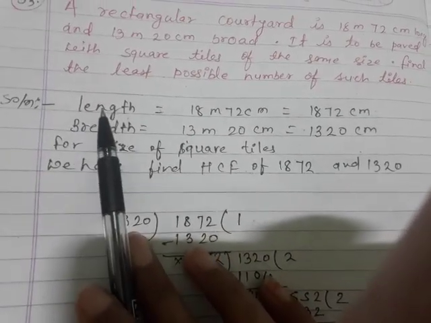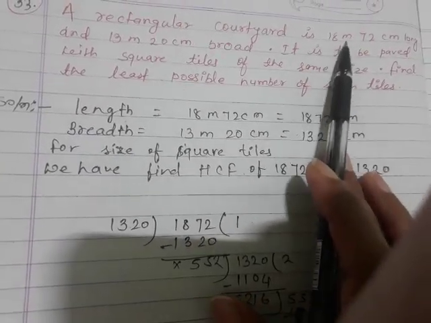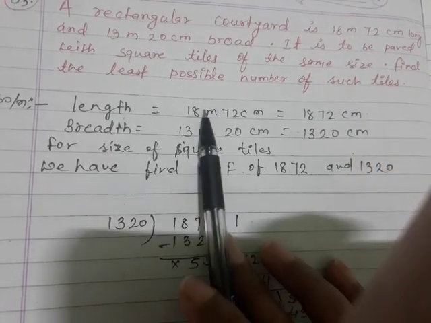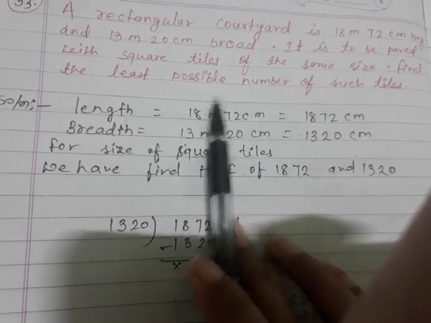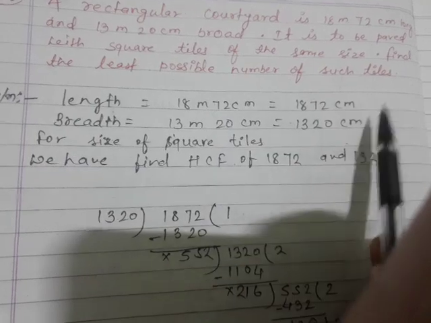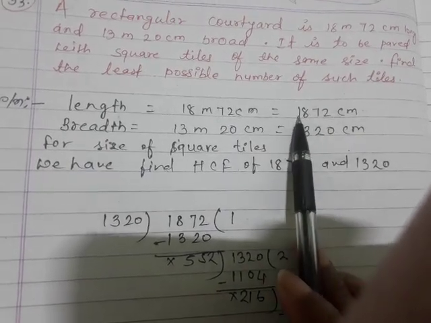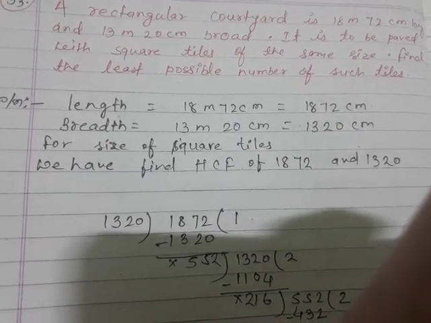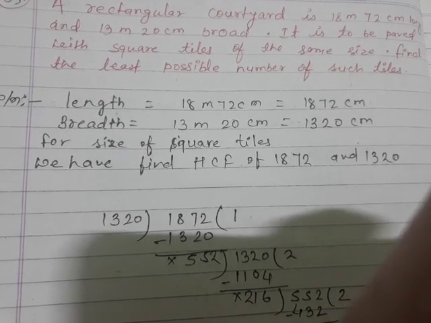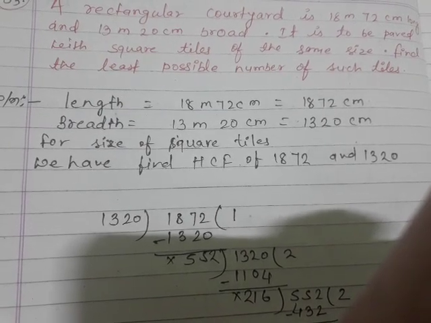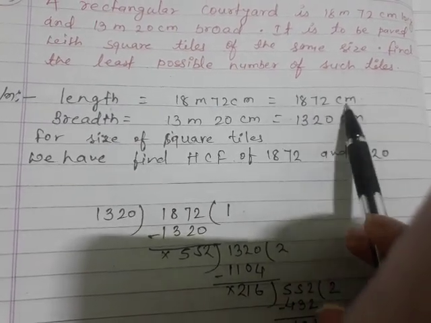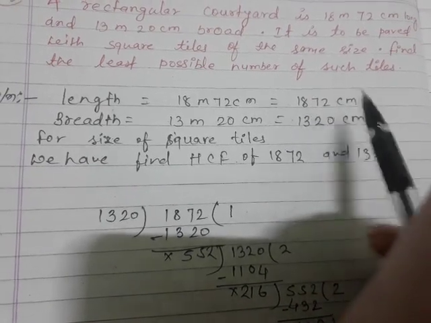The length is given as 18 meter 72 centimeter, so we have to convert into centimeter. Already we know 100 centimeter is equal to 1 meter, so it becomes 1872 centimeter.